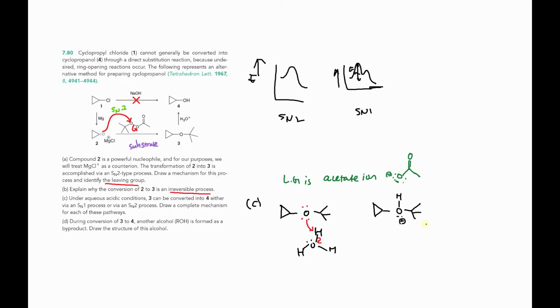So we have a plus charge here, so water comes by and then attacks this carbon. You can see that that's kind of a delta plus due to the inductive effect, and then it's going to come and attack that carbon and then kick these guys out.